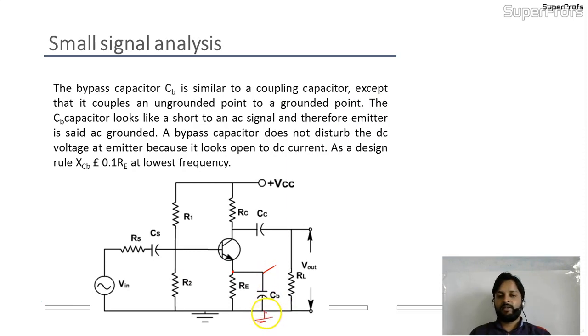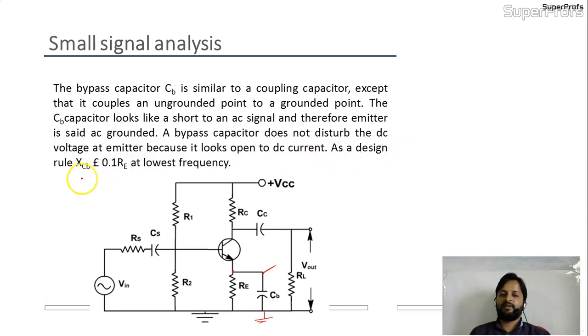Why it will couple and how it will couple, we'll see here. The CB capacitor looks like a short to an AC signal and therefore the emitter is AC grounded. A bypass capacitor does not disturb the DC voltage at the emitter because it looks open to DC current.